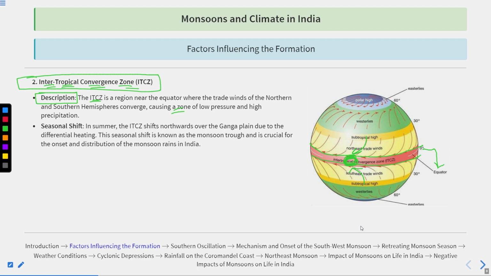And because of this, the area of the ITCZ basically experiences high precipitation than the other areas. Got it?